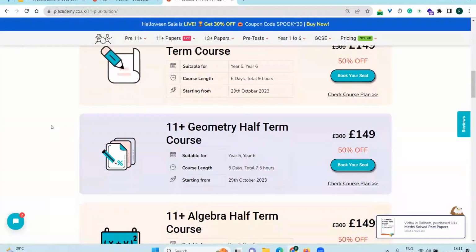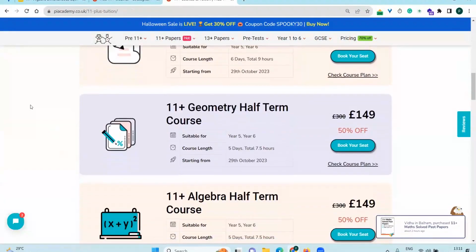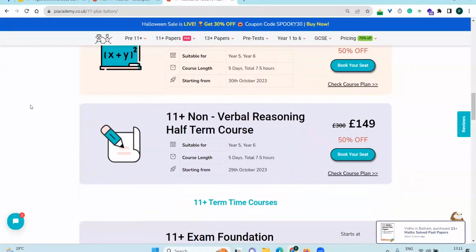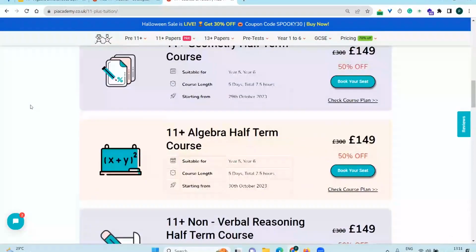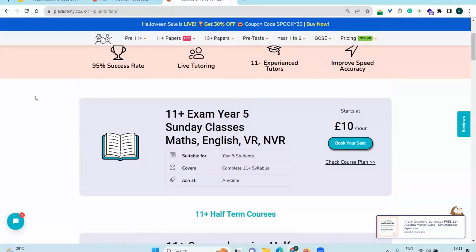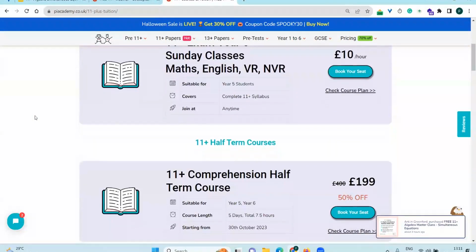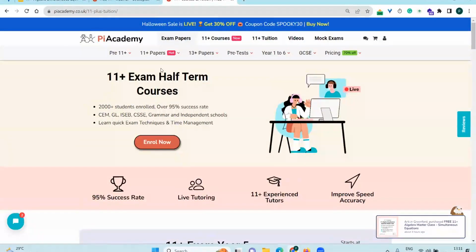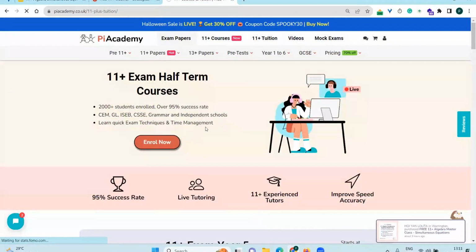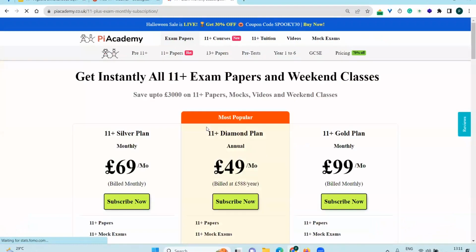If you are interested, you can also go ahead with verbal reasoning, geometry, algebra, and non-verbal reasoning. So if you want to use the coupon code on a tuition related course, you can check out our 11 plus half-term courses. And at the same time, the 11 plus diamond plan has tuition included in it.